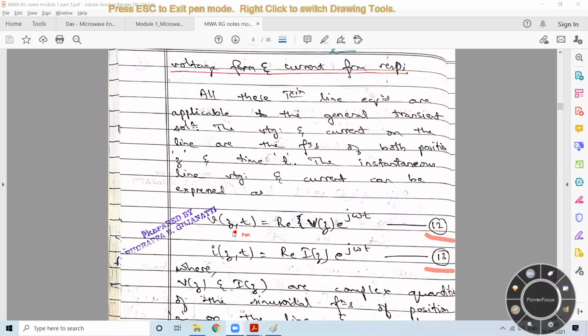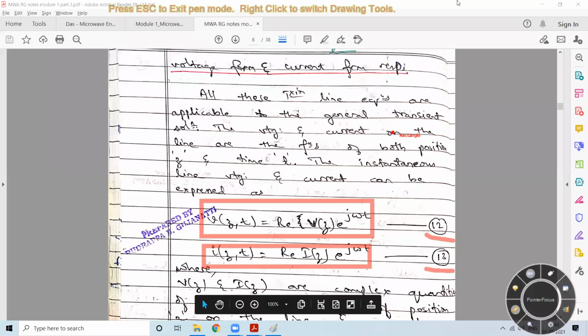Instantaneous voltage is represented with V of z comma t, which is equal to the real part of V of z into e raised to j omega t, and I of z comma t is equal to the real part of I of z into e raised to j omega t.